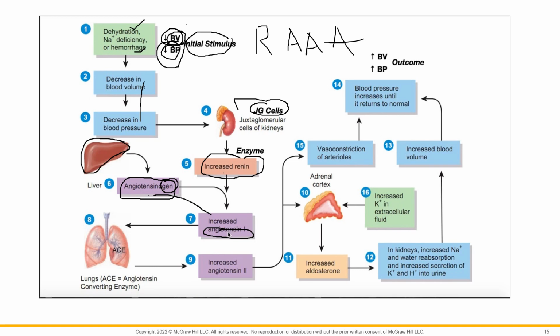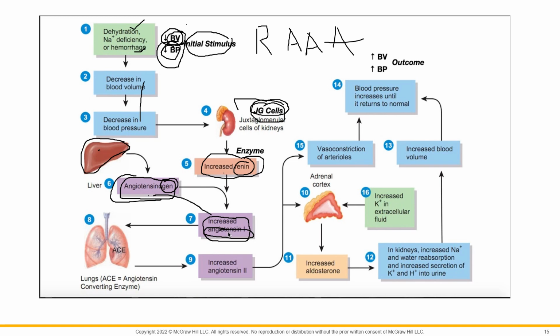Now, the decrease in blood pressure is actually sensed by the juxtaglomerular cells in the kidney itself. Then they're going to secrete renin, which stimulates the liver to secrete angiotensinogen. Now, angiotensinogen, in the presence of renin, converts to something called angiotensin 1. Angiotensin 1 is still not the final product.